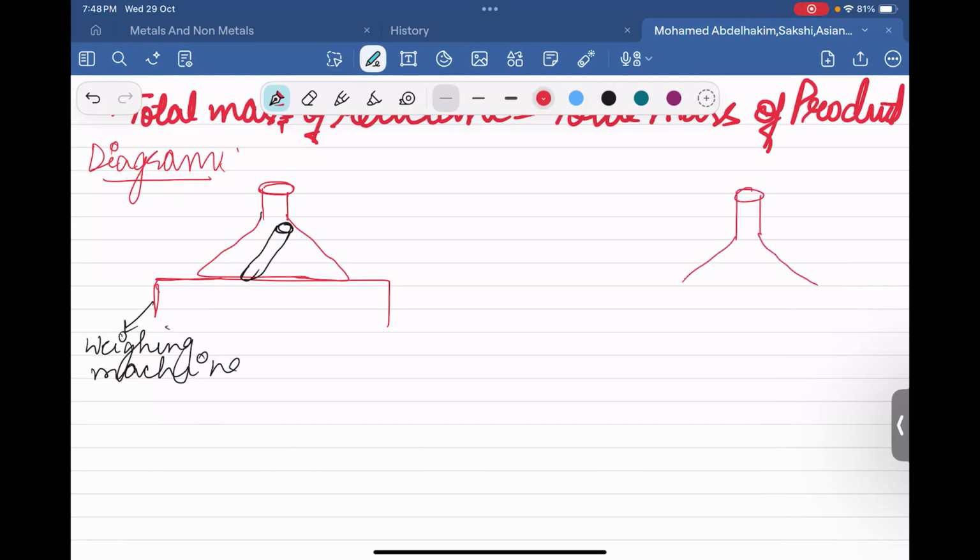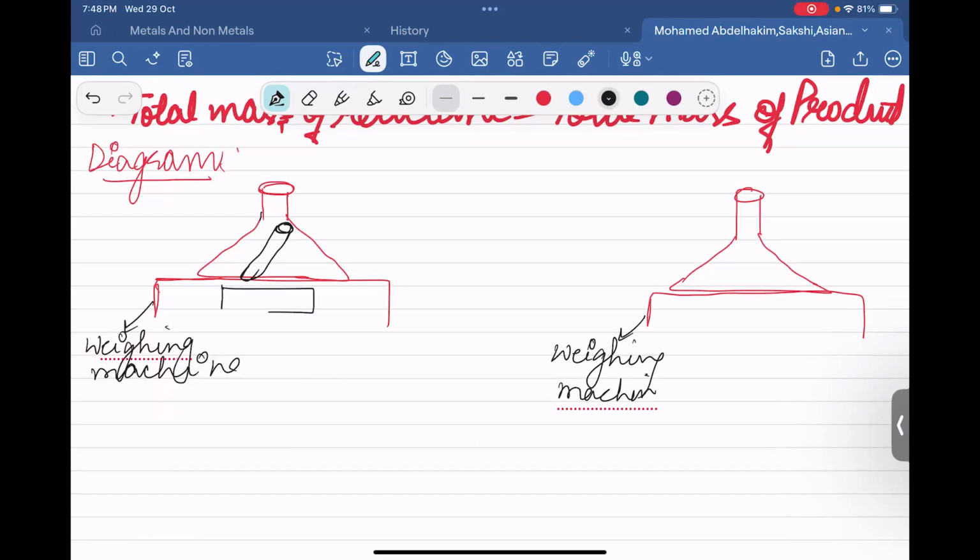Sorry, it is known as a beaker. And this is the weighing machine. It is used to show weight. Listen to me properly.